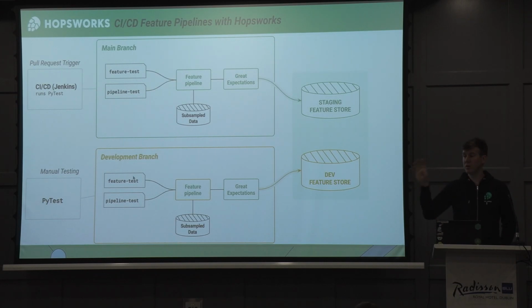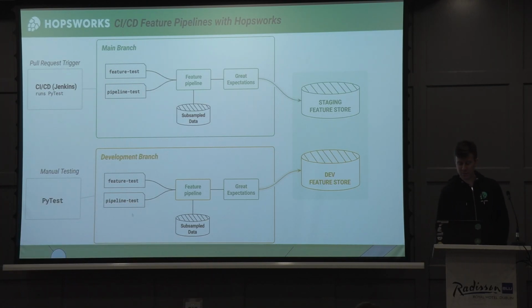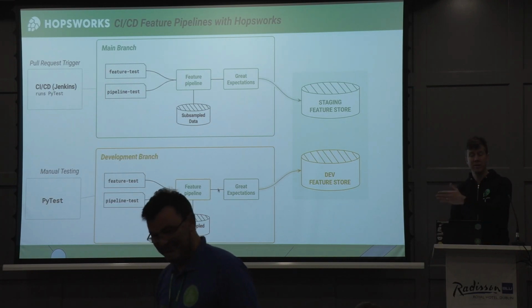I'm going to define unit tests with PyTest to make sure that the logic of a feature is stable. I'll do integration tests of pipelines to make sure I can write the whole pipeline and it works to the feature store. And then I'll add Great Expectations to that to make sure that the data being written is correct.